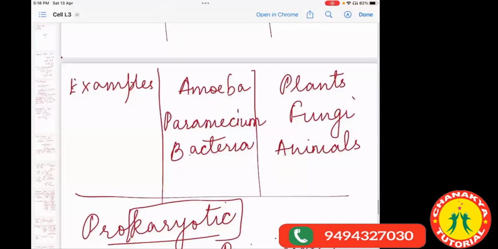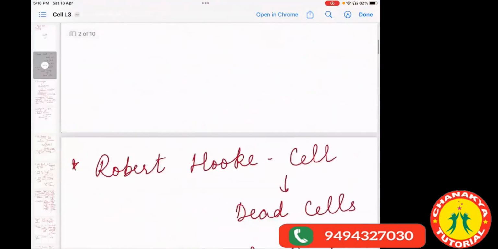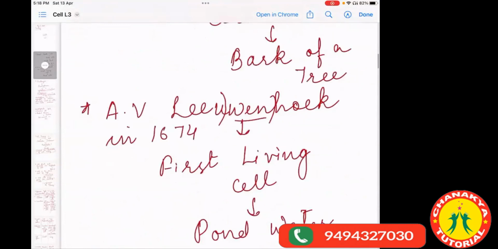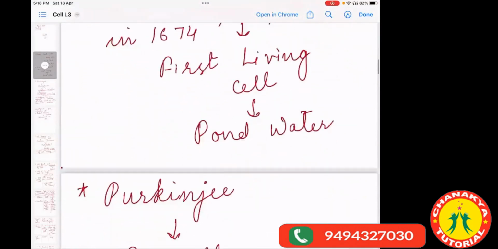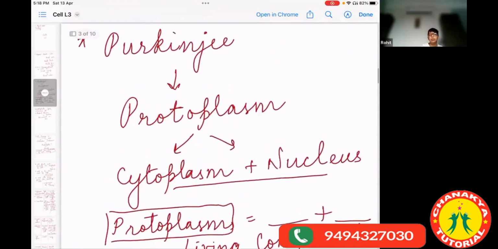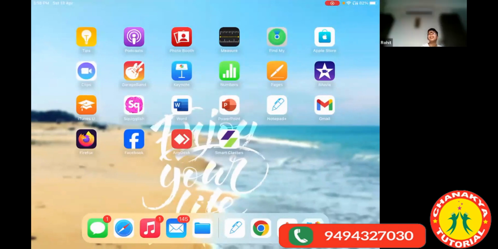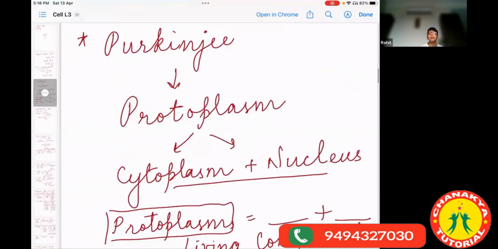In yesterday's class, we discussed the cell theory. Robert Hooke discovered cells from the dead cells of the cork part of the bark of a tree. Then Antony van Leeuwenhoek discovered the first living cell from pond water. Then Purkinje found out about protoplasm, and he said that cytoplasm plus nucleus forms the protoplasm.